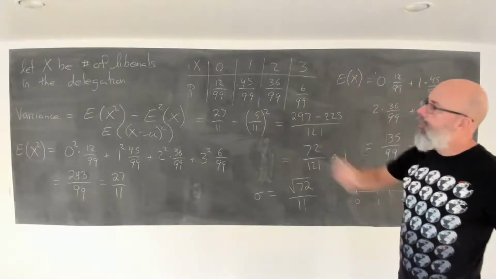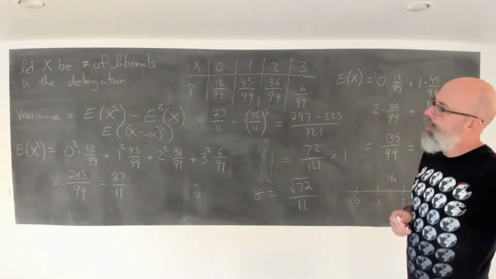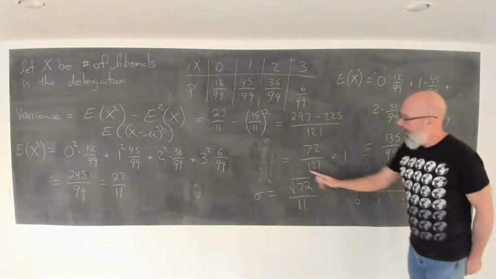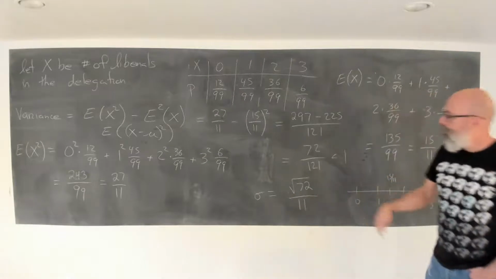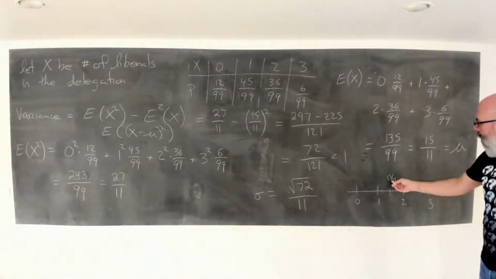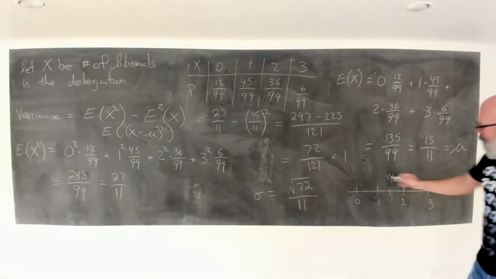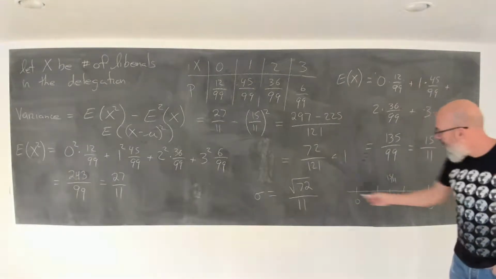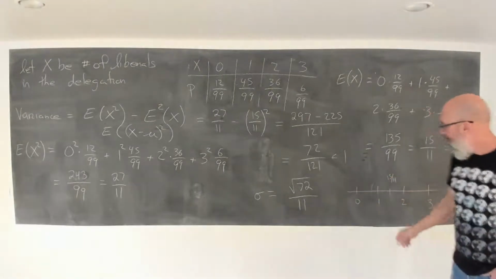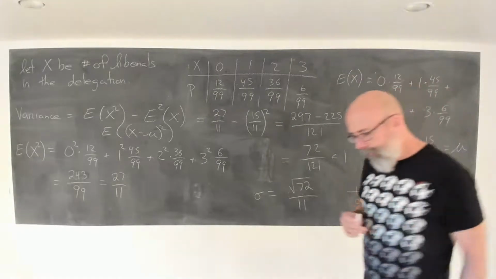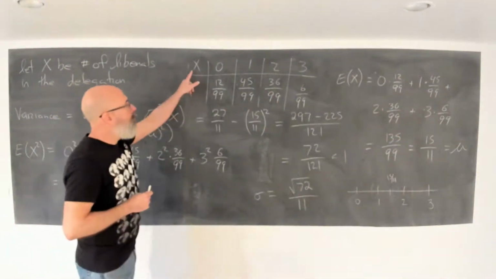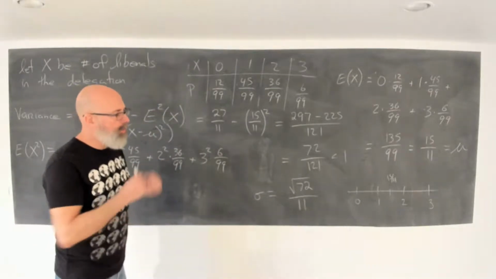There's a lot of theory associated to the standard deviation that we did not discuss. If you look at your mean plus or minus the standard deviation, that gives you an interval where most of the values the random variable takes on has to live.